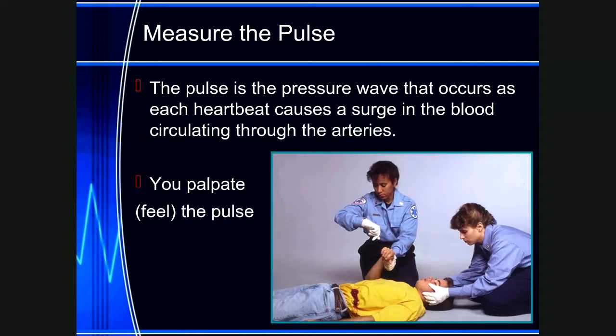If the radial pulse is strong and bounding, feel the wrist for warm, dry, pink conditions. And if the patient's radial pulse is weak and thready, is the skin cool, clammy, and pale, or is it cyanotic? A weak, thready radial pulse is an indication of hypoperfusion.